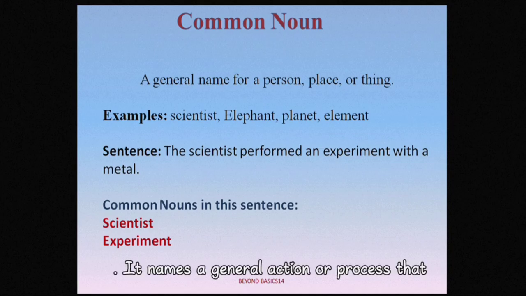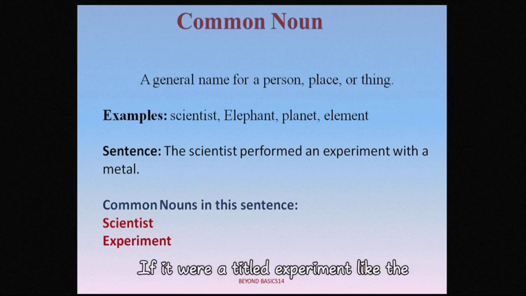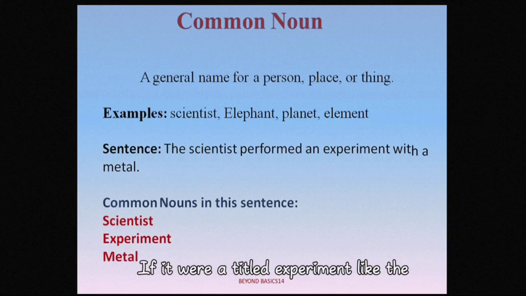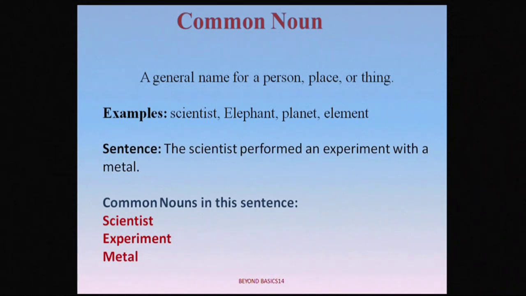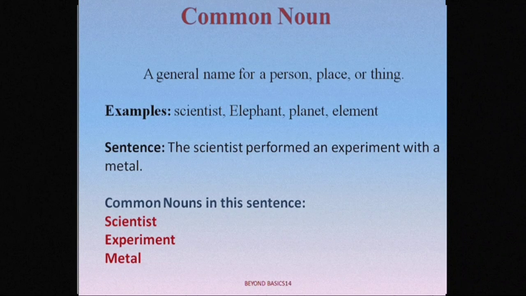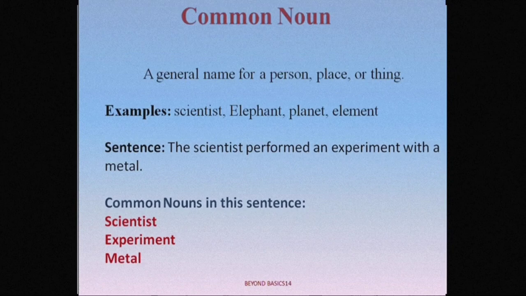It names a general action or process that scientists often perform. If it were a titled experiment like the Rutherford experiment, that would be a proper noun, but here it's general. And metal, another common noun, referring to any type of metal, not a specific one, like copper, iron, etc.